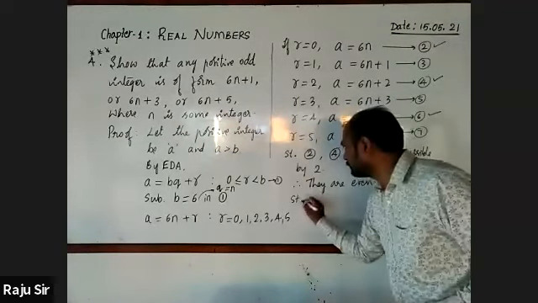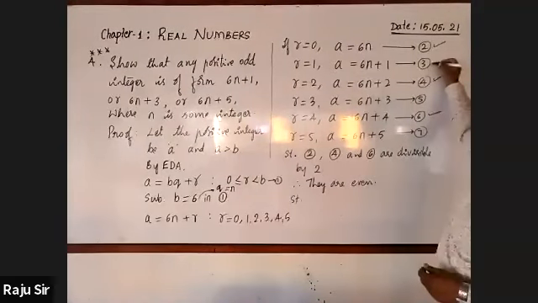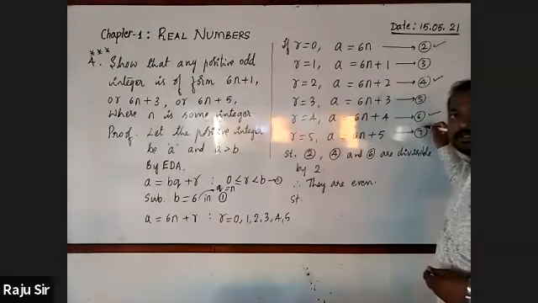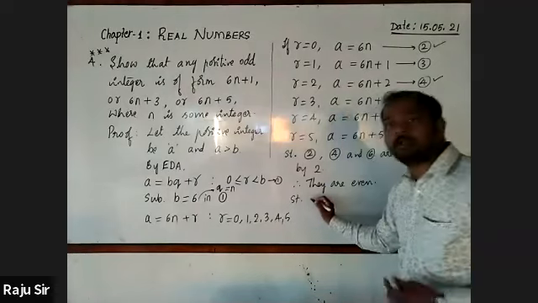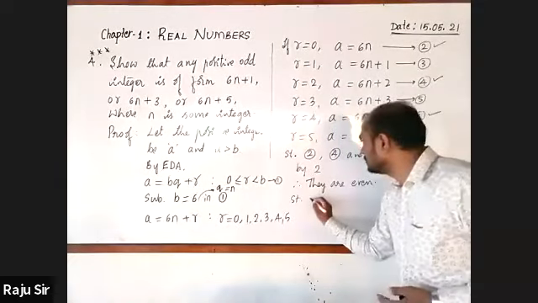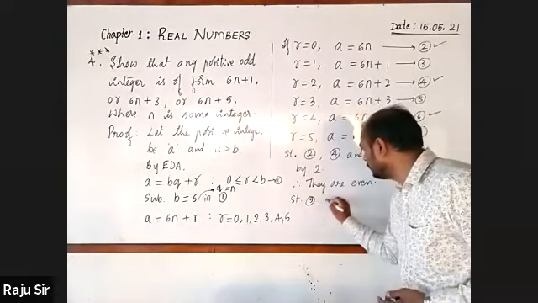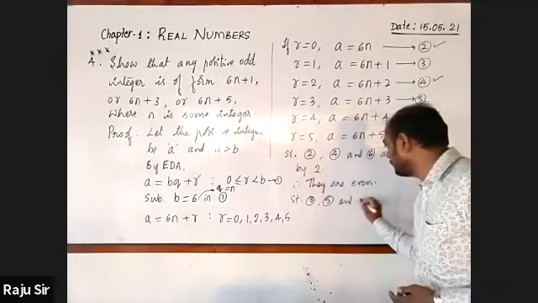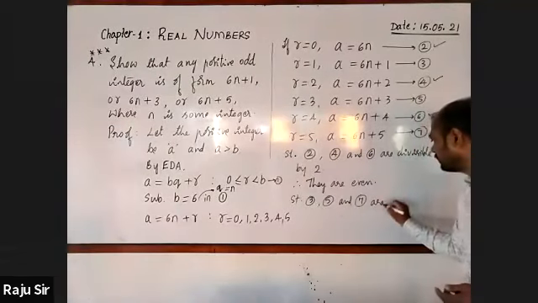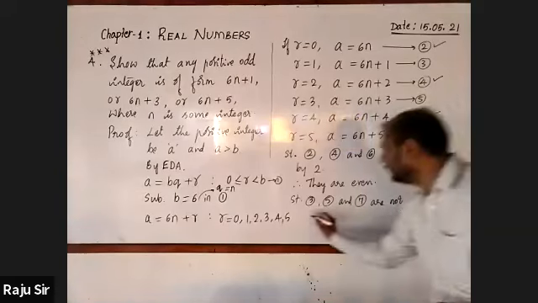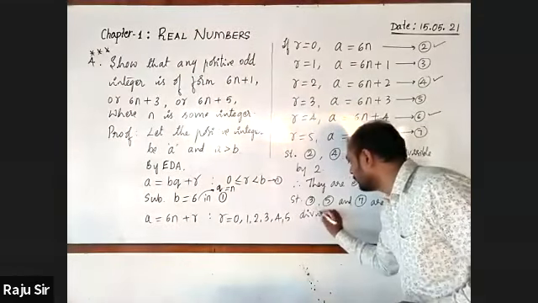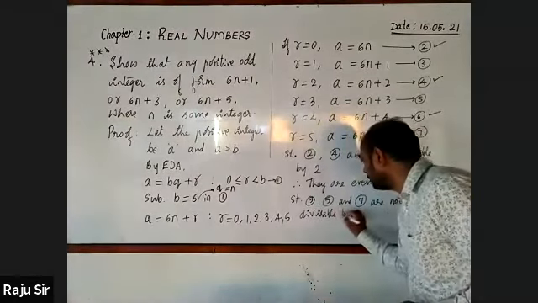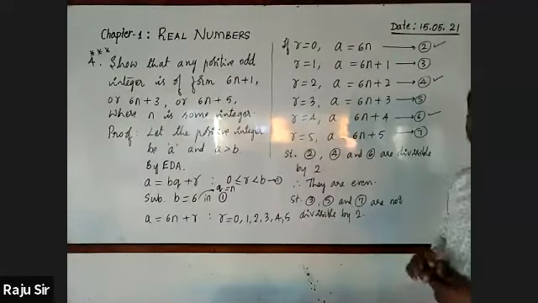Whereas statements 3, 5, and 7 are not divisible by 2.